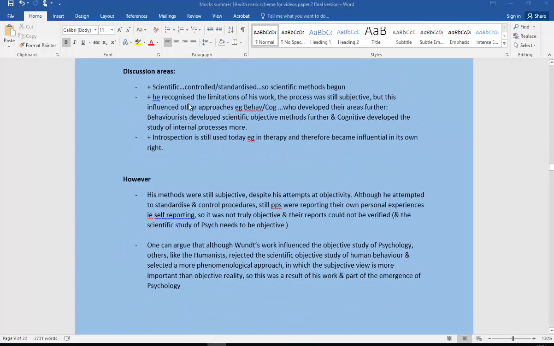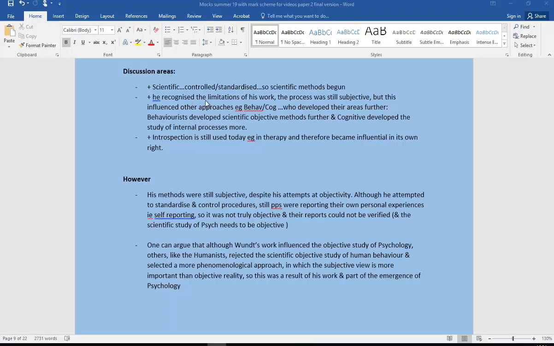So we could say, right, strengths of it: very scientific, really controlled, very standardized. The scientific methods were begun with Wundt's work, and so he was very instrumental in the emergence of psychology. He also recognized the limitation of his own work, that the process was still subjective.